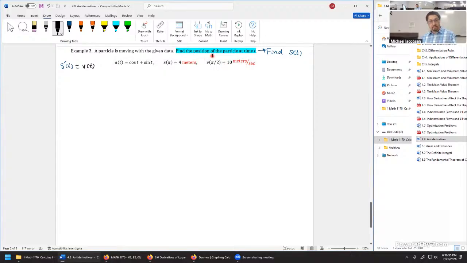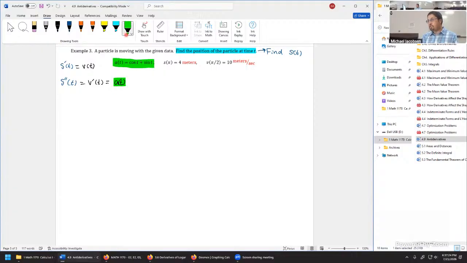We have an initial value for velocity, initial value for position. If you differentiate velocity or take the second derivative of position, either way you think about it, say s double prime at t would be equal to v prime at t, which is then equal to a at t.